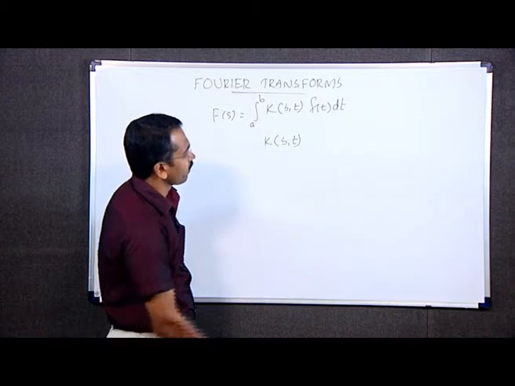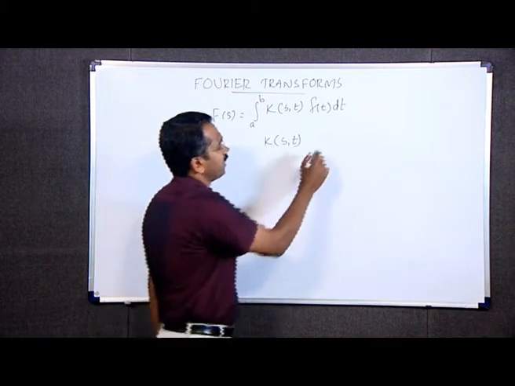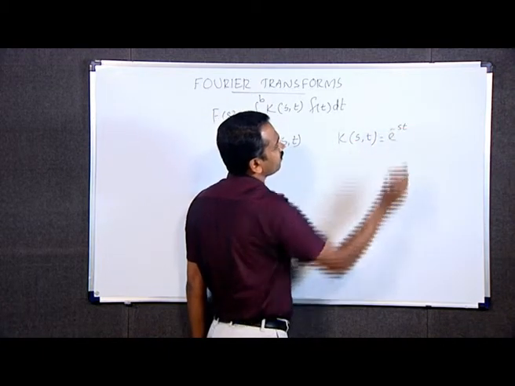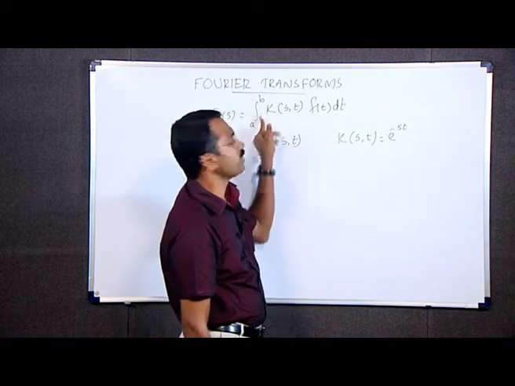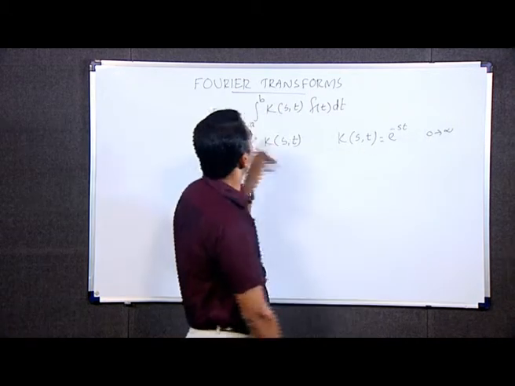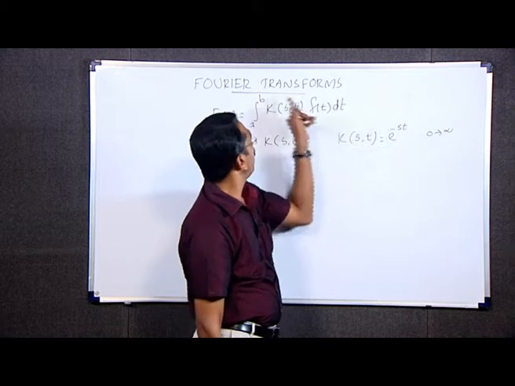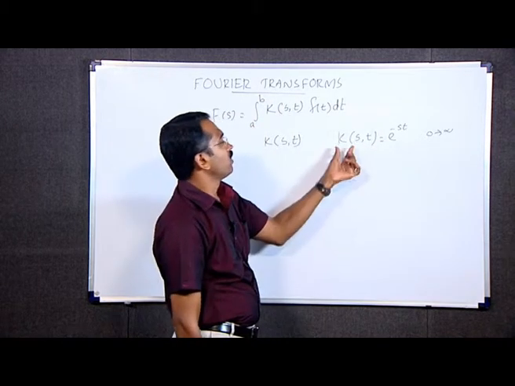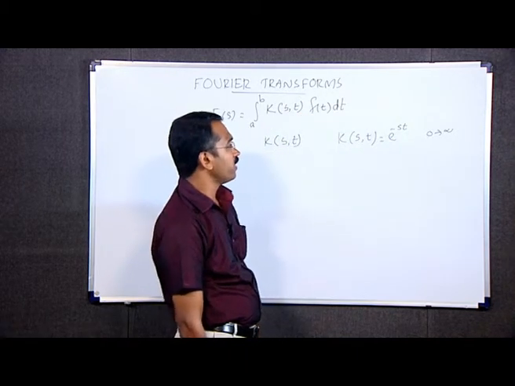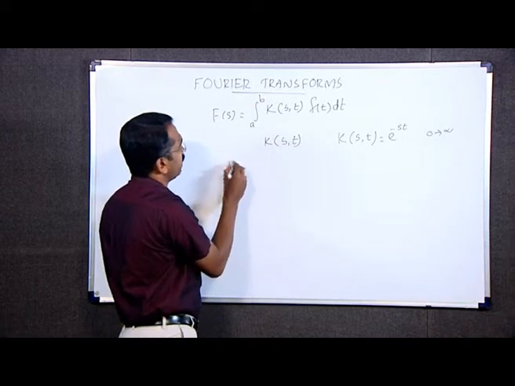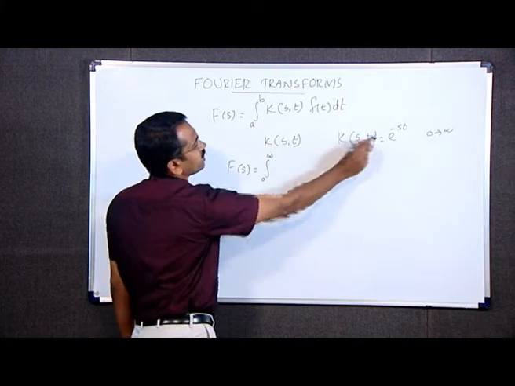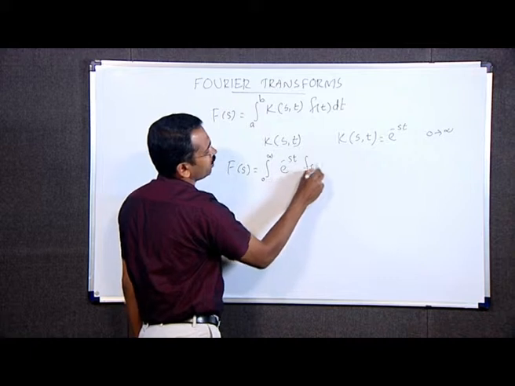For example, if we choose k of s comma t, that is the kernel, as e raised to minus st, and by choosing the limits of integration 0 to infinity, that is we take a equal to 0 and b equal to infinity, then we get this transformation as f of s is equal to integral from 0 to infinity e raised to minus st into f of t dt.